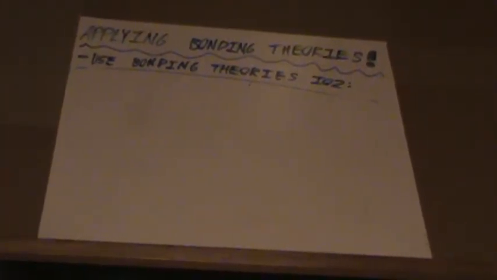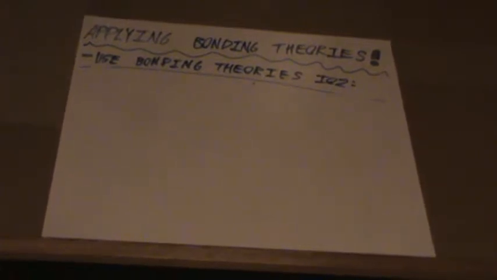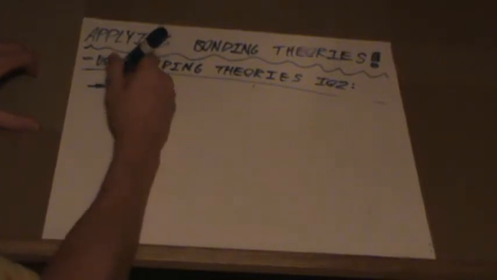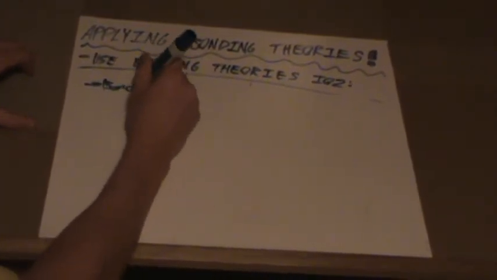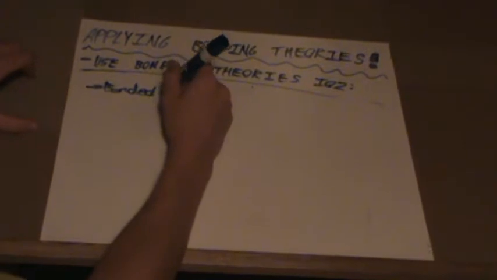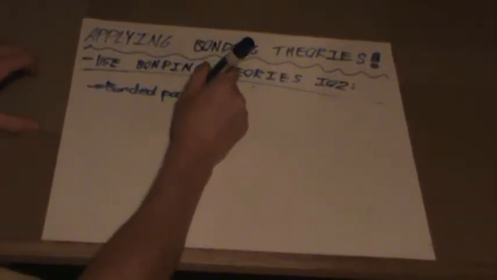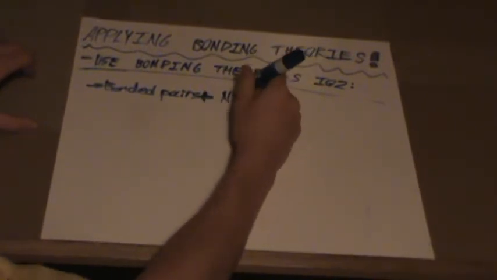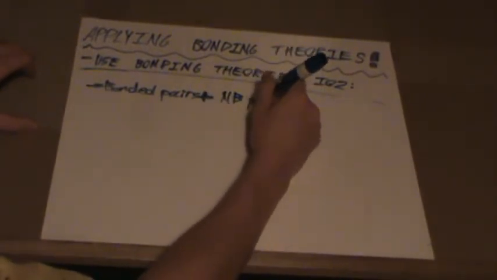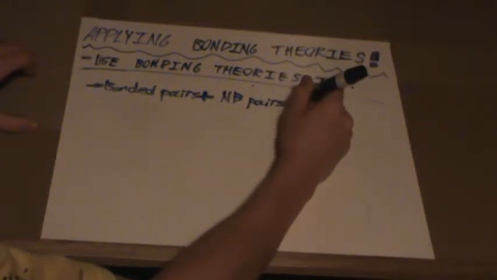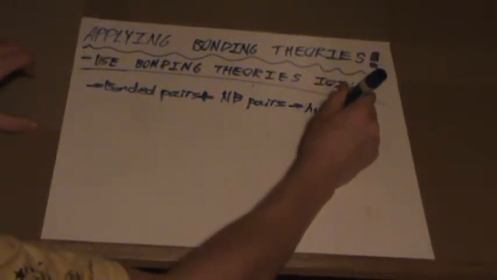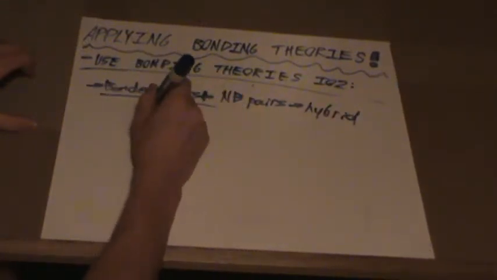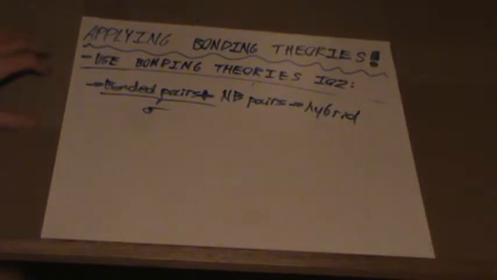So we know now that bonded pairs and non-bonded pairs, NB pairs, are hybrid orbitals, and the bonded pairs are sigma bonds. They bond head-on.